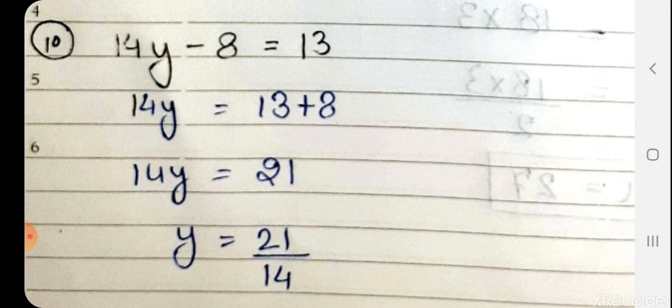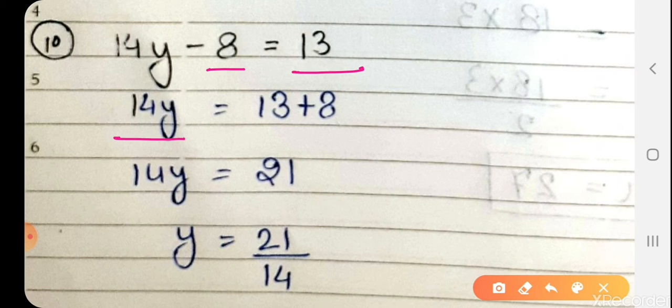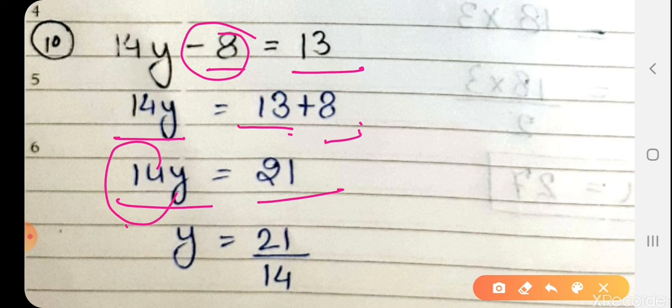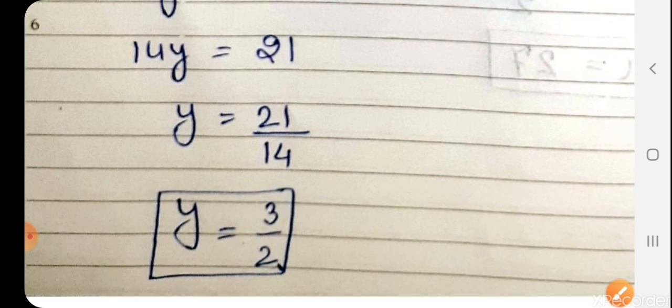Now move to next question. 14y minus 8 is equal to 13. So 14y is equal to 13 plus 8, because here 8 was negative. So 14y is equal to 21. So y is equal to, here 14 is multiplying. We have to find the value of y only. So 14 will divide on this side.